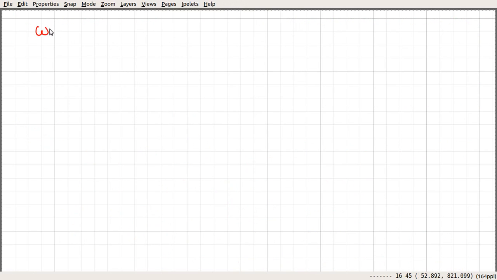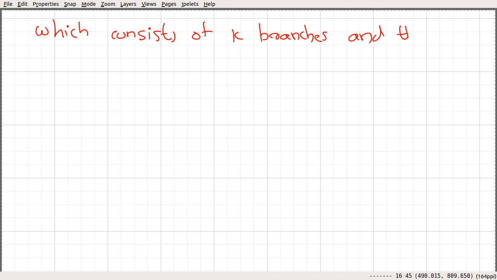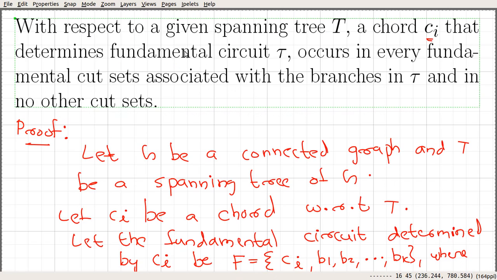Which consists of k branches and the chord Ci. That is how we define this fundamental circuit with respect to this Ci.